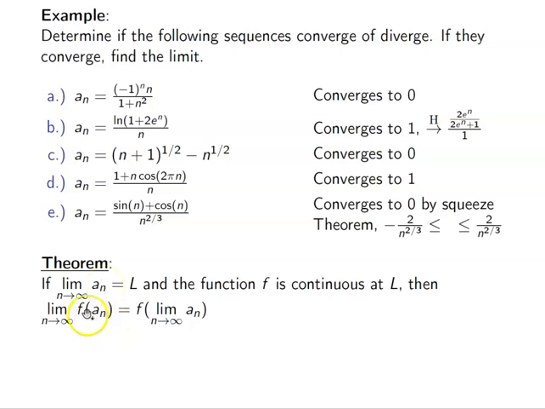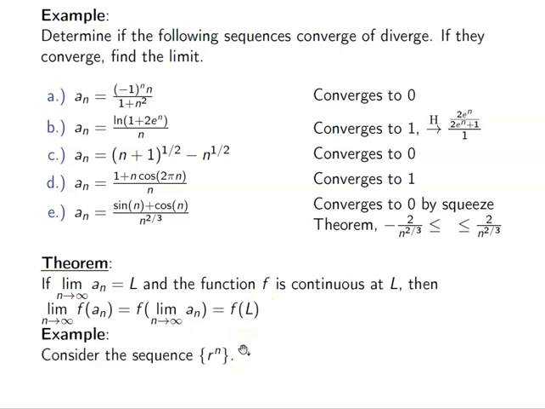So what is this saying? If I take every term of my sequence, my function is continuous, and I plug in the terms of the sequence into my function, the limit of those values that I'll get out is the same thing as if I just plug the limit into my function in the first place. Okay, so the function evaluated at the limit.